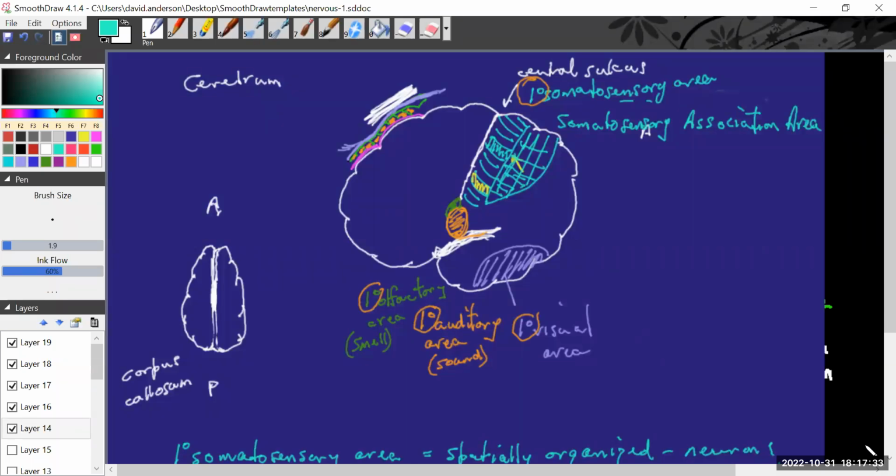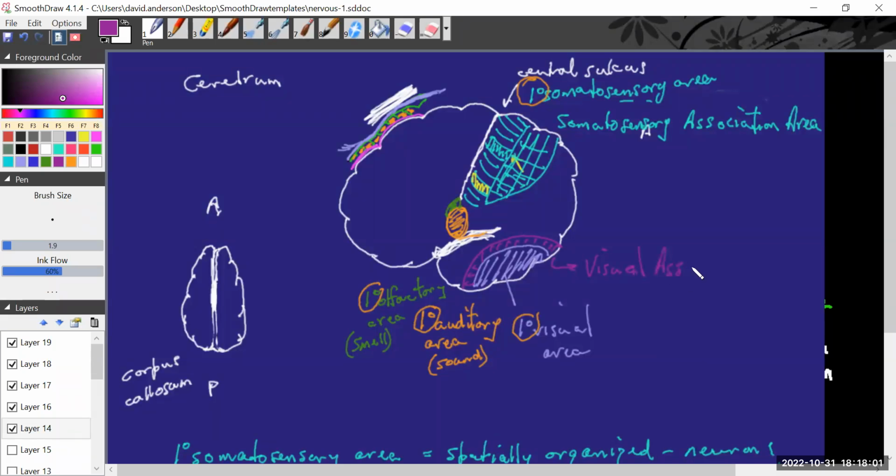Yes. Okay. Now, with visual, I can show you a visual that I think helps with this as well. So we have our primary visual area, and the group of neurons that are nearest it would be called what? What would we call those group of neurons? Visual association?